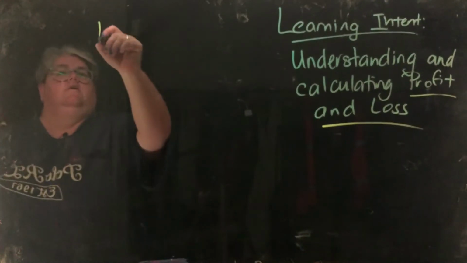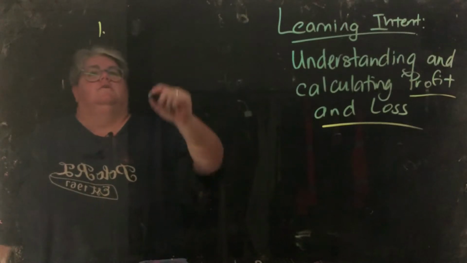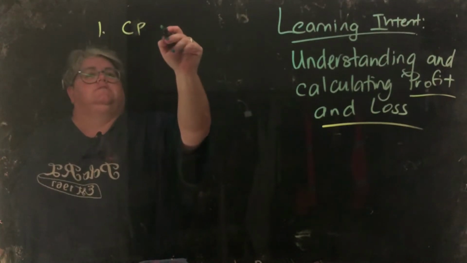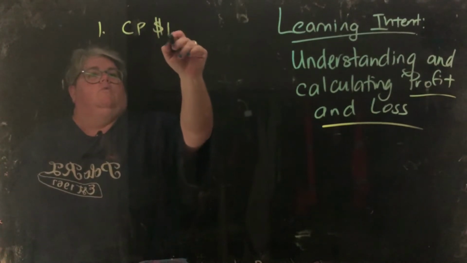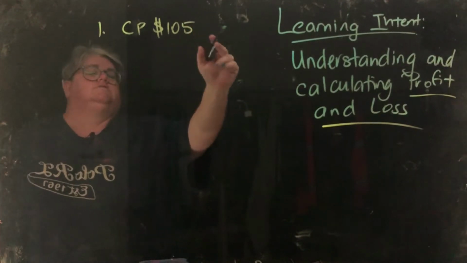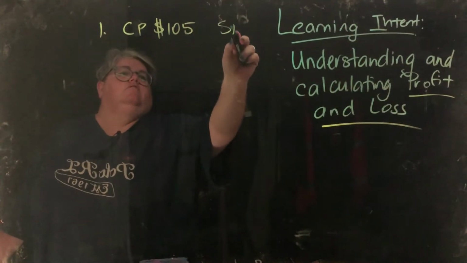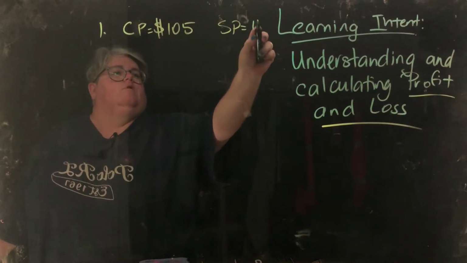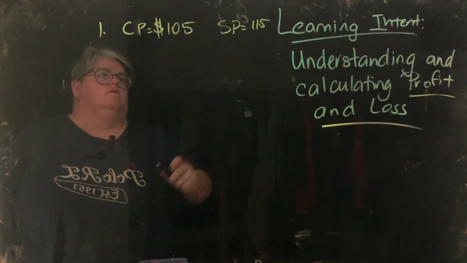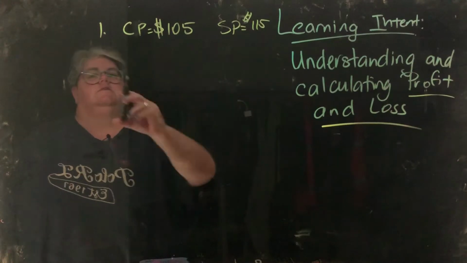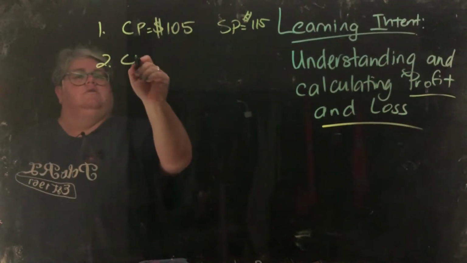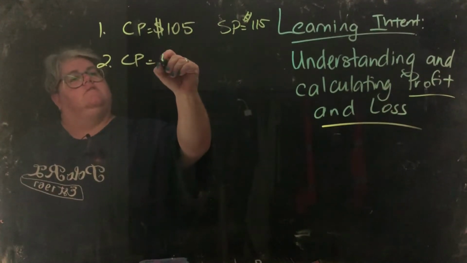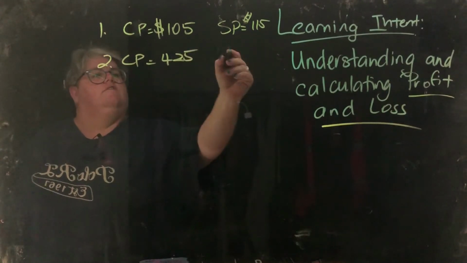Now I would like you to have a go at some. Let's go number one. Let's say our cost price is $105 and our sales price is $115. Number 2, cost price is $425.